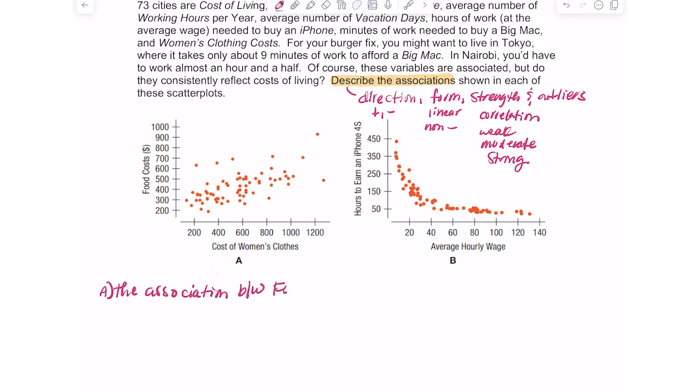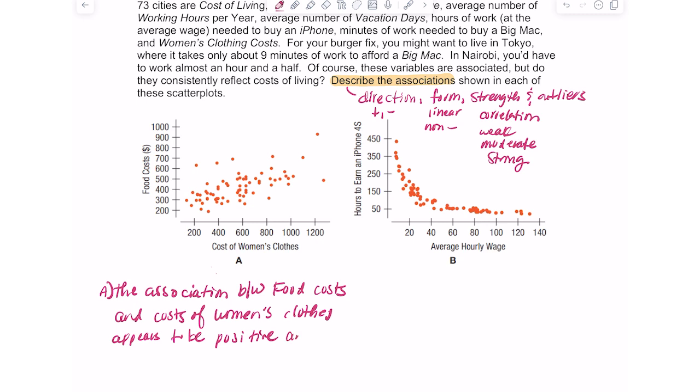Food costs and cost of women's clothes, appears to be positive because it's going up from left to right. Typically, as the cost of women's clothes increases, the food cost increases. And it looks pretty straight to me.